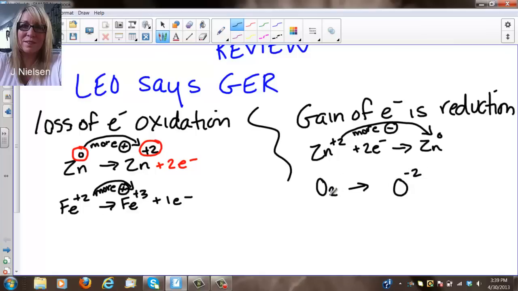This is diatomic oxygen going to regular oxygen. I need to balance my mass first by putting a 2 here. 2 times 2 is negative 4. So I have 2 oxygens, each with a negative 2 charge. So I'm going to add 4 electrons to the left here. So I'm going from 0 to negative 2. Once again, I'm becoming more negative. This is reduction. Now, we have to understand how to balance equations.